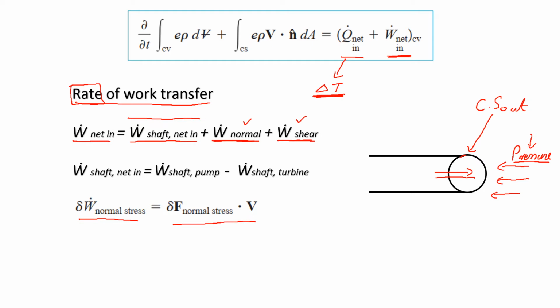So now let's simplify these terms more and write it in terms of stresses and pressure. So this is what we are going to get for the work required to overcome these normal stresses: equal to stress, n unit vector and delta area, dot V. I can represent the area by the n unit vector.